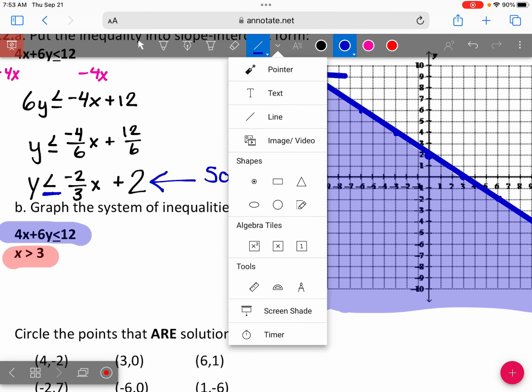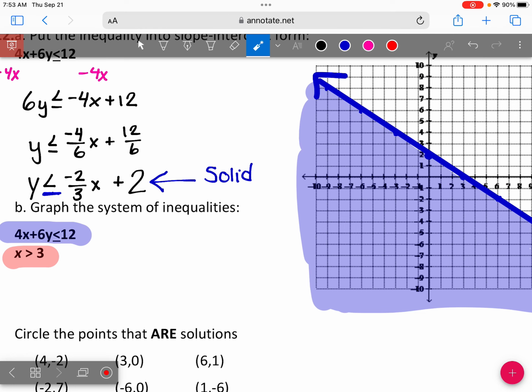Do we have a y-intercept here? No, we don't. So it's never crossing this y-axis. X is 3 right here. If x is stuck at 3, it can't go left, it can't go right. It's stuck right at 3. Y can be anything, but x is stuck at 3.